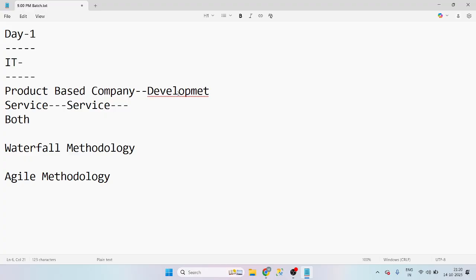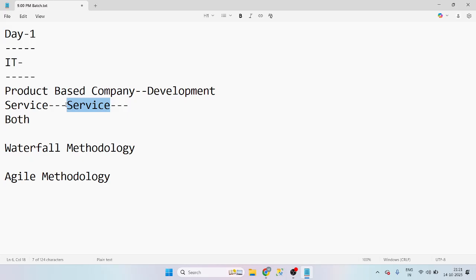Just consider we have developed the first version, and we move to a service-based company, and the service-based company is holding that developed project. For that developed project we are giving service, and we can't give the same service for the whole life.